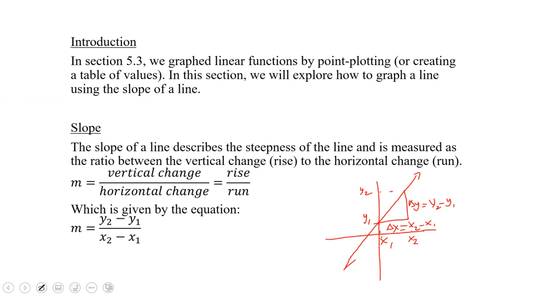So you have vertical change, that means rise, over how much it has run. Horizontal is run, vertical is rise.